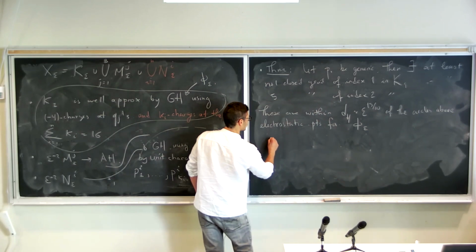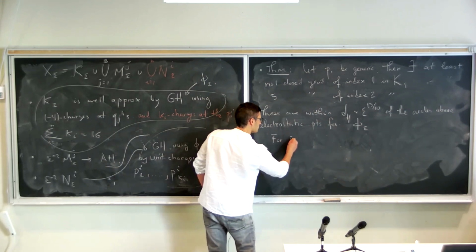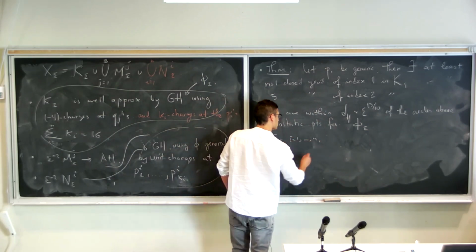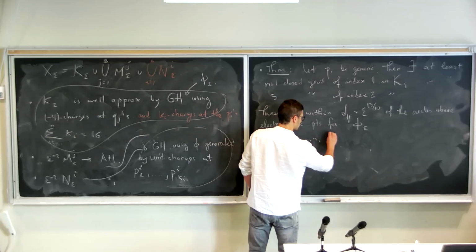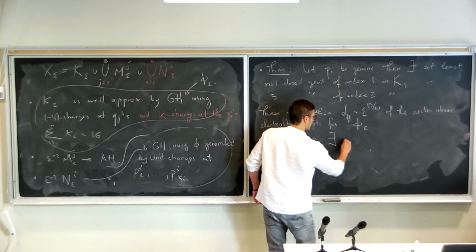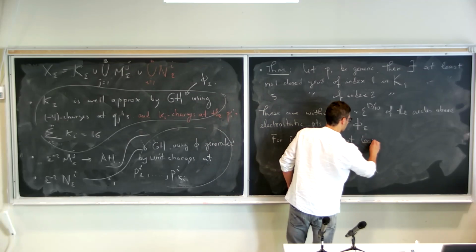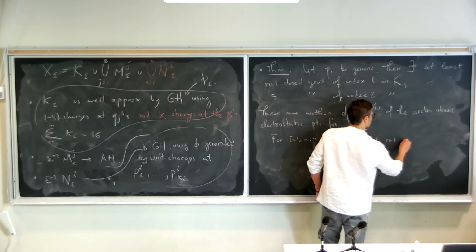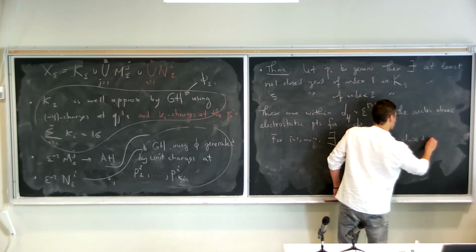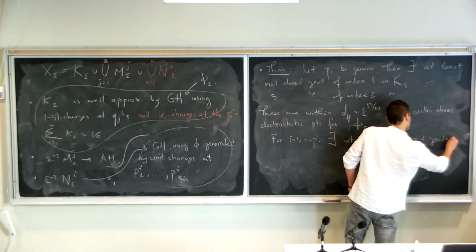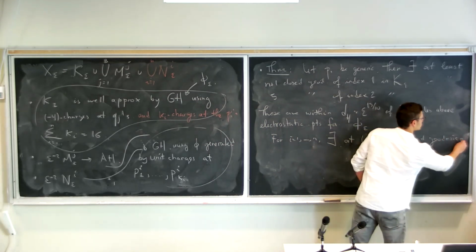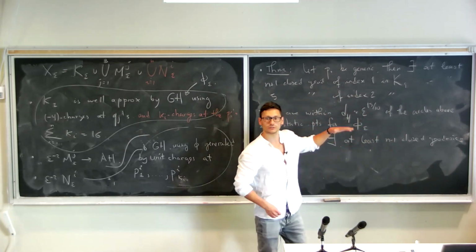Okay, so now for i equal 1 up to N, there exist at least K_i minus 1 closed geodesics of index 1 on N_epsilon^i. This is using the bounds that I showed you, using that Morse theoretic argument on the 3-sphere.